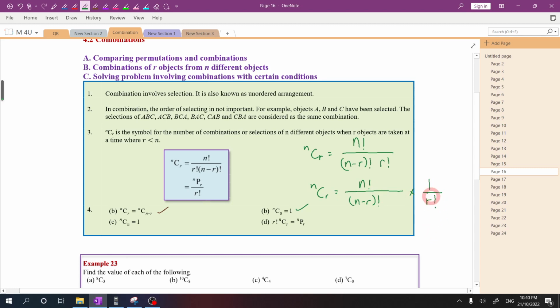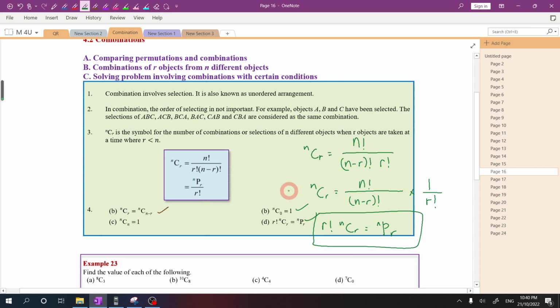This is divide, right? So 1 divided by r factorial, I bring it to the other side, it actually becomes multiply. So this is actually equal to nPr divided by r factorial. Okay, so now I think it should be no problem for these 4 properties.